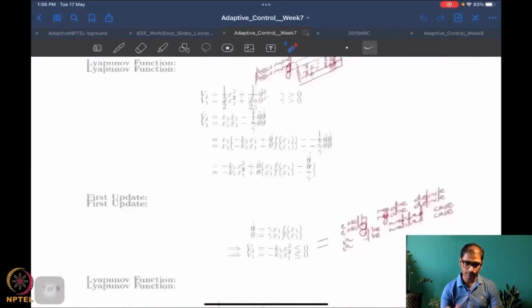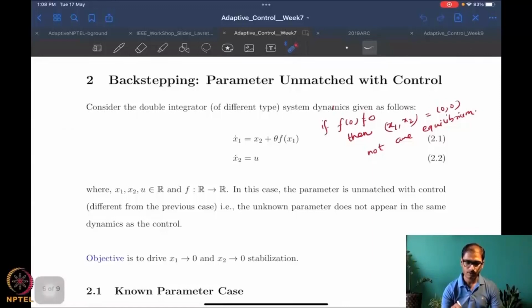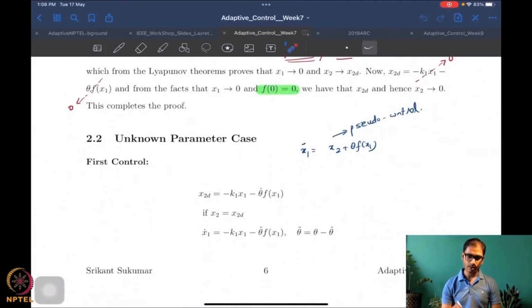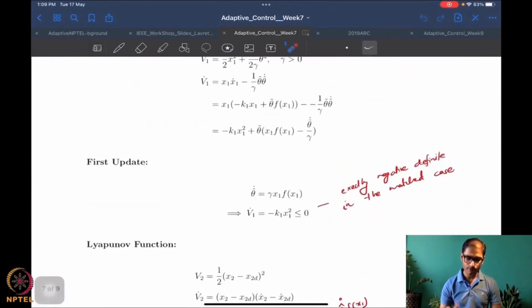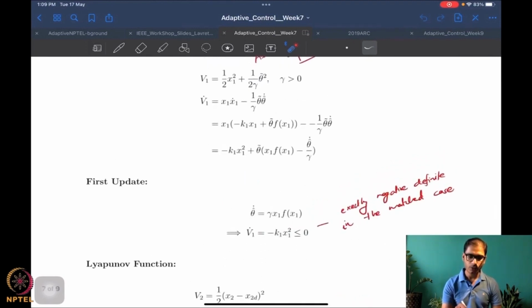If you look at the first piece of this system, and think of x2 as the control, just like we did in backstepping, then you do have this control law which contains the theta hat and an update law, with a corresponding V such that V dot is negative semi-definite.